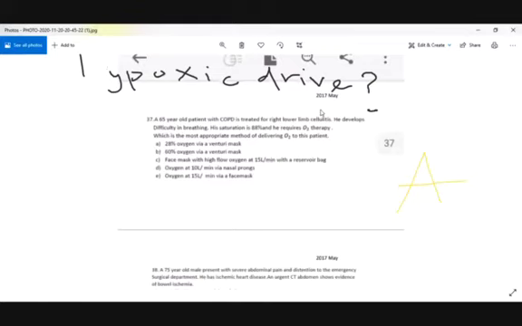Say this same patient, a 65-year-old with COPD, right lower limb cellulitis, difficulty in breathing, respiratory rate 30, and SATs are 85. Which of the following are indications to start non-invasive ventilation? First, PO2 of 60.